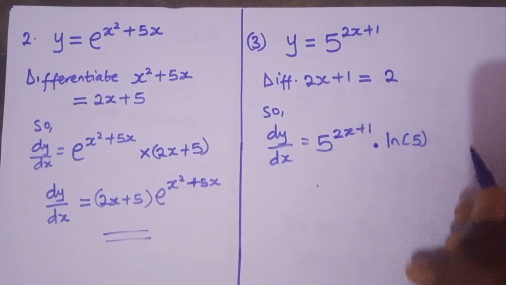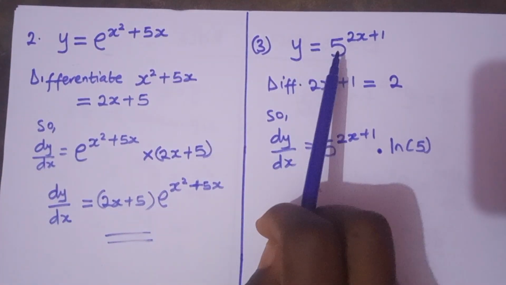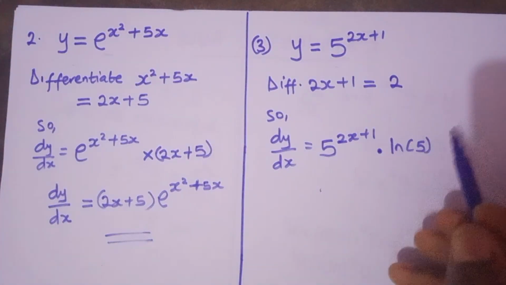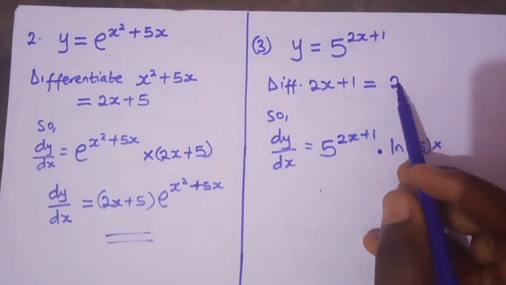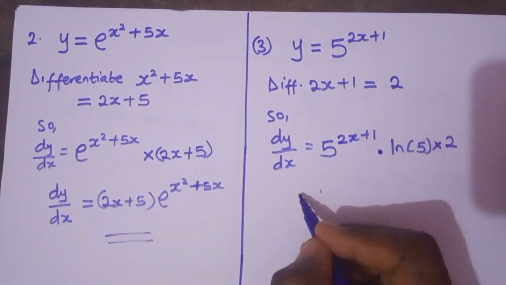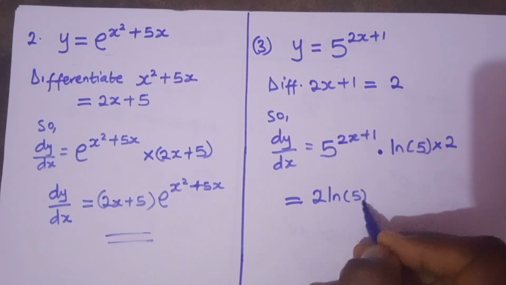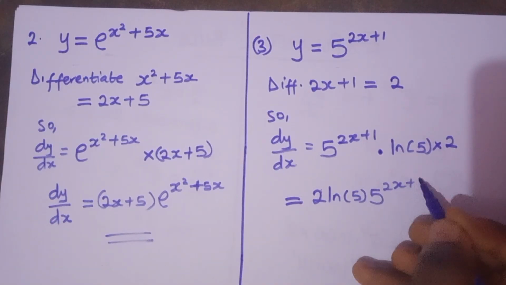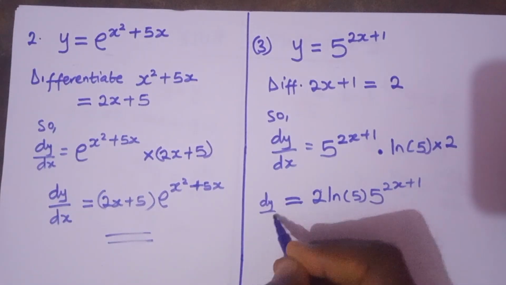Since this base is different from e, you multiply by ln 5, then multiply by the differential of the power, 2. So we have 2 ln 5, then 5 raised to the power 2x plus 1, and that becomes our final answer. That is dy/dx.